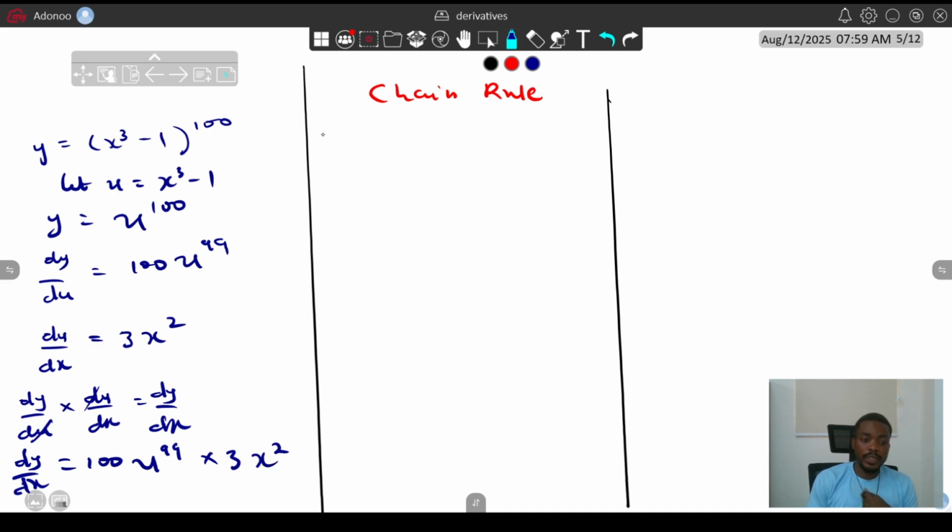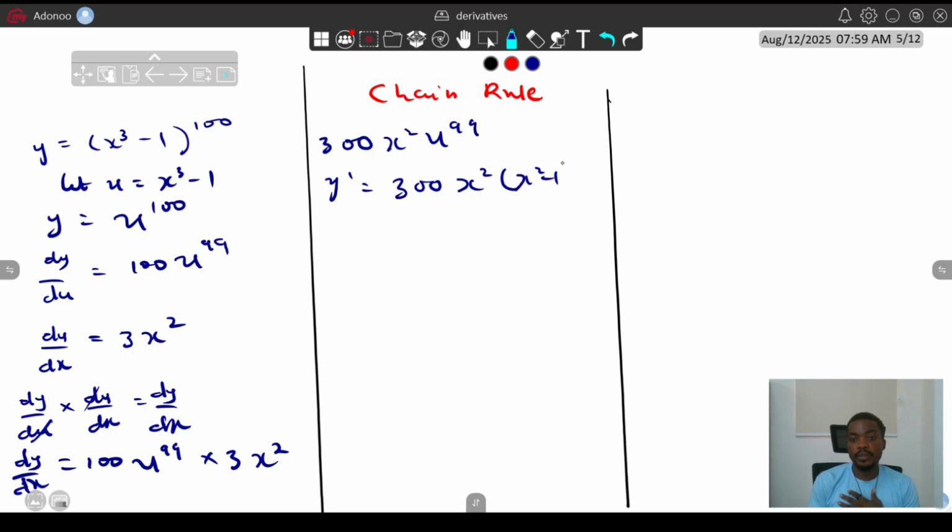We put them together, and then we have 300 x squared u^99. But what was u? u was x cubed minus 1. So our final answer becomes y prime equals 300 x squared times (x cubed minus 1) raised to the power 99. Alright, so that is for chain rule.